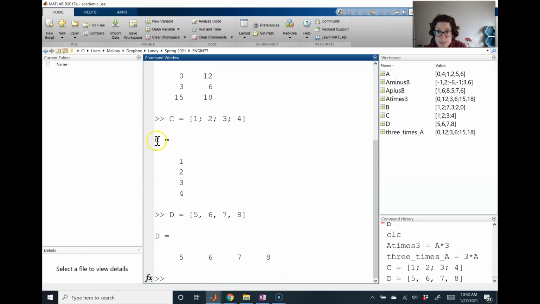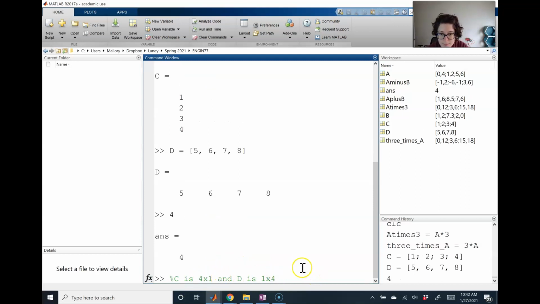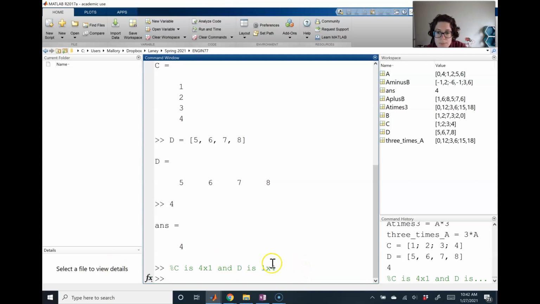So I can do C times D. C is 4 by 1 and D is 1 by 4. So if I do C times D, I'm going to end up with a 4 by 4 matrix. If I do D times C, I'm going to end up with a 1 by 1.